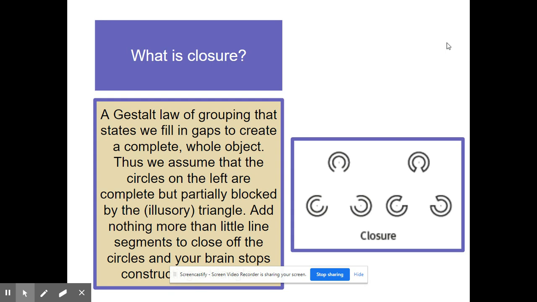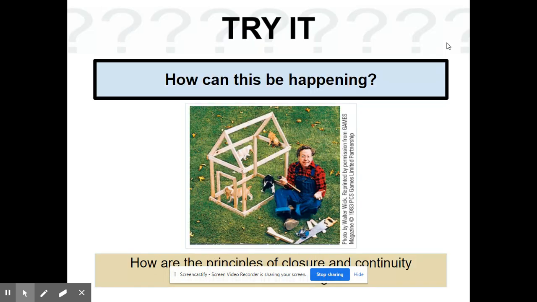So here's a weird way of looking at it. Check out this next picture. You see a man who's created a house with dogs playing around it. So how do you see closure and continuity involved in this picture? Well, if you take away the man and the dogs and just see the house, what do you see?